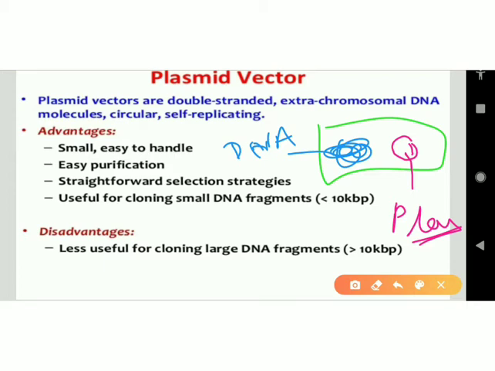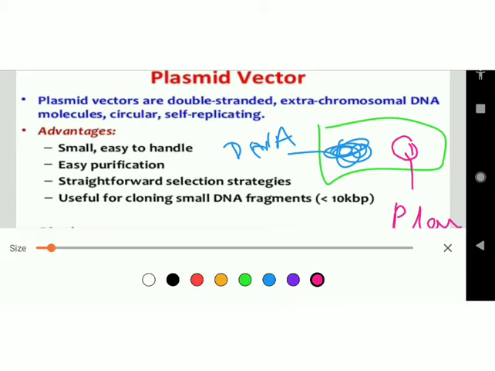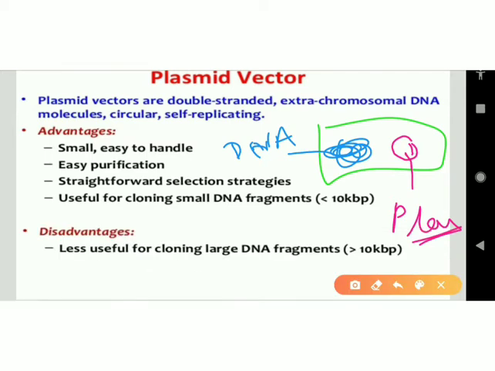It is circular in shape and self-replicating, not requiring external or cell stimulation for the replication of the plasmid.